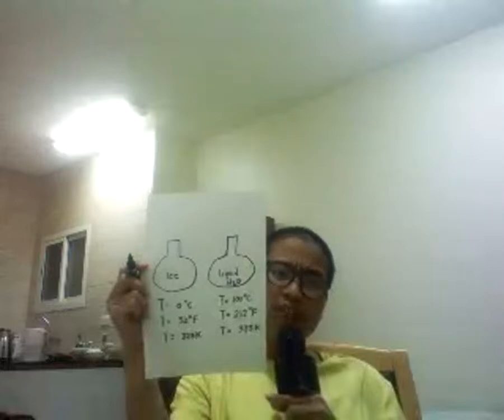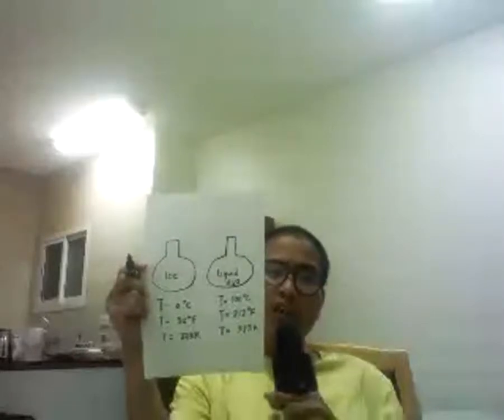And the Kelvin is very easy: degrees Celsius plus 273. That's enough for the 3 units of temperature, right?